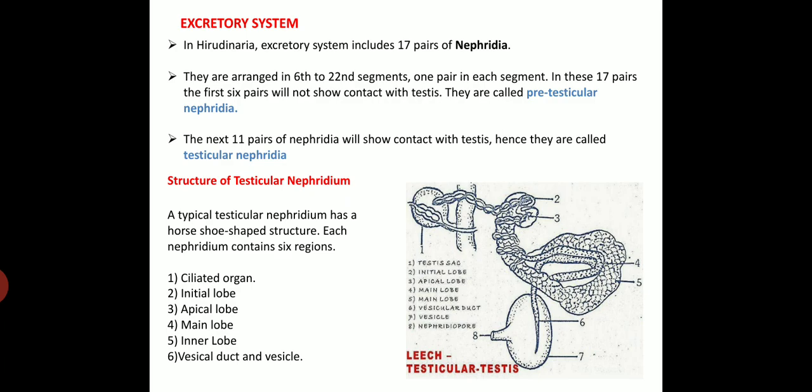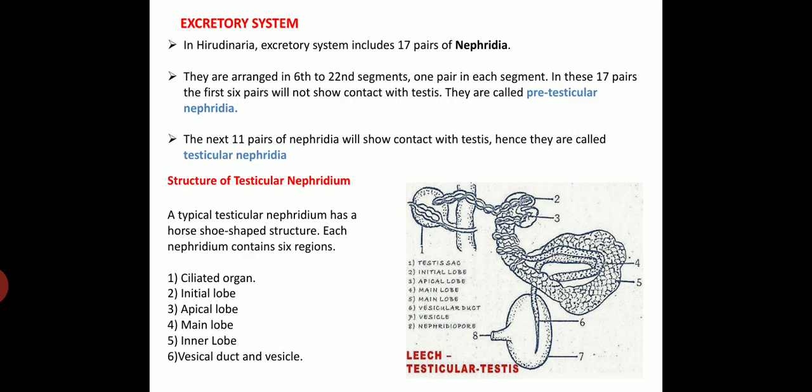In these 17 pairs, the first 6 pairs do not show any contact with the testes. They are called pretesticular nephridia, whereas the next 11 pairs of nephridia show contact with the testes, hence they are called testicular nephridia.